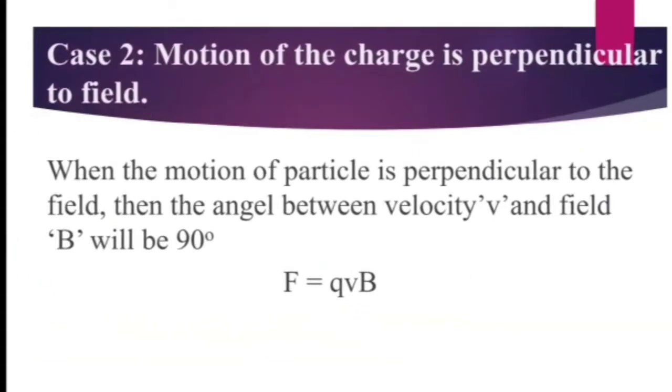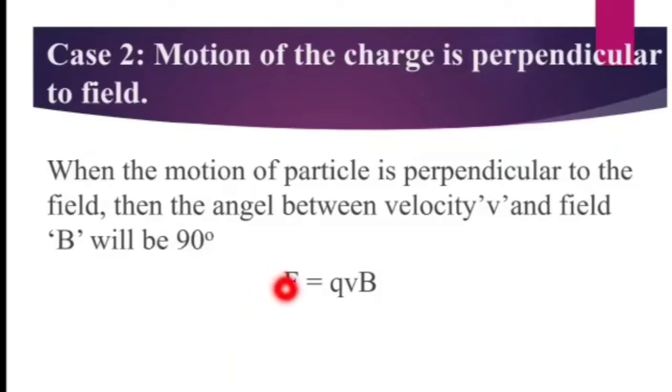Now in the second case, when the particle is moving perpendicular to the field, that is the motion of the charge is perpendicular to the field, the velocity and the magnetic field will be perpendicular to each other, which means the angle between them will be 90 degrees.